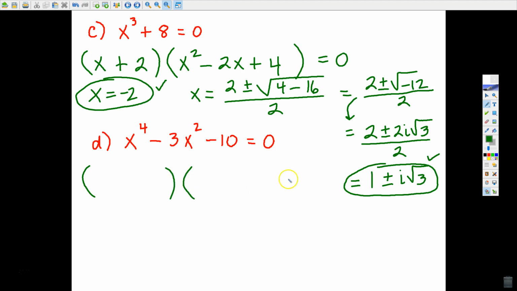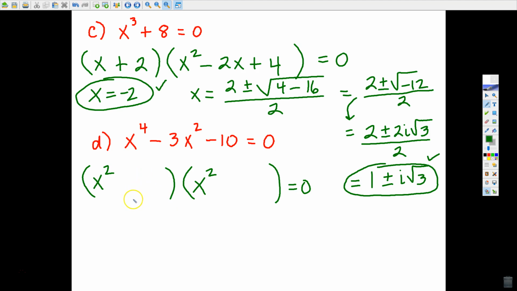Letter D. Think like you did when these were quadratic, except the only difference, as we looked at earlier, is that instead of both of these being just x, they're going to be x squared. Samantha, are there factors of negative 10 that add up to negative 3? Two numbers that multiply to give you negative 10.